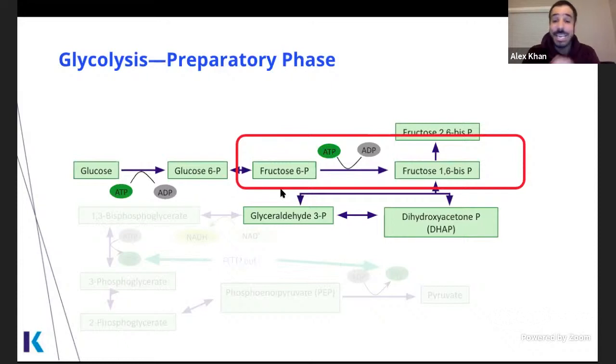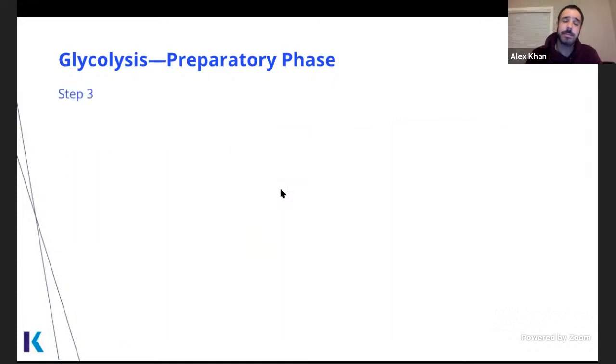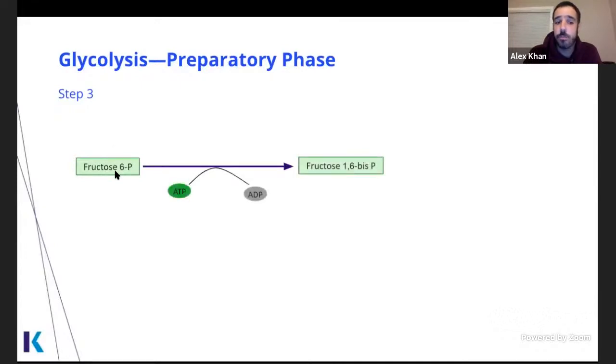Because this is the key step in glycolysis. There's never been a more important step in glycolysis than this one. So it's step 3, because we quickly glossed over step 2, which turned glucose 6-phosphate into fructose 6-phosphate. Now we turn this into fructose 1,6-bisphosphate.